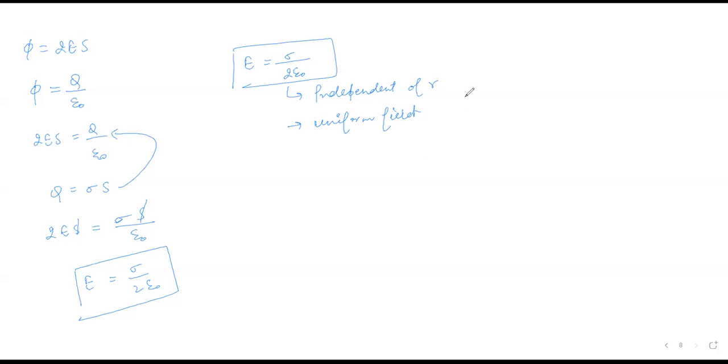If it is uniform, then what will be the diagram? The diagram will be like this. Note it down, please.